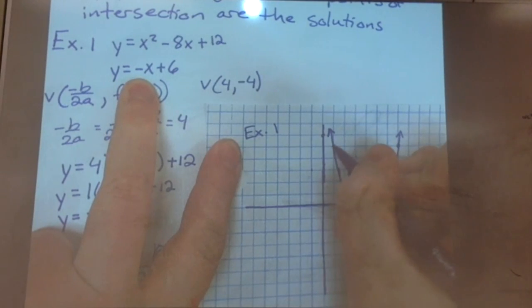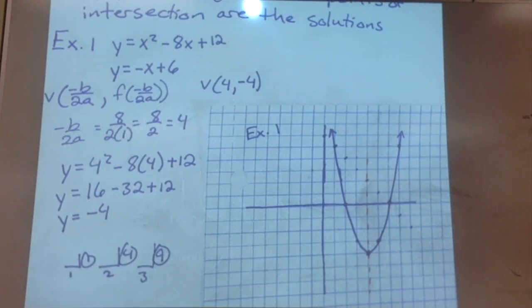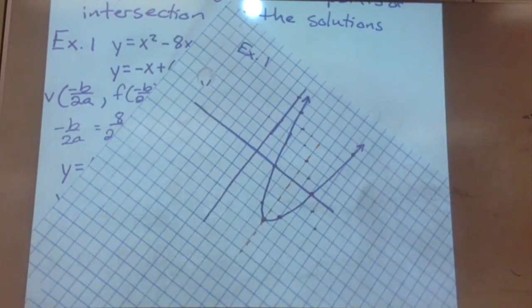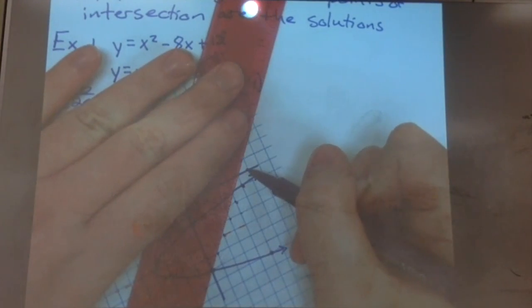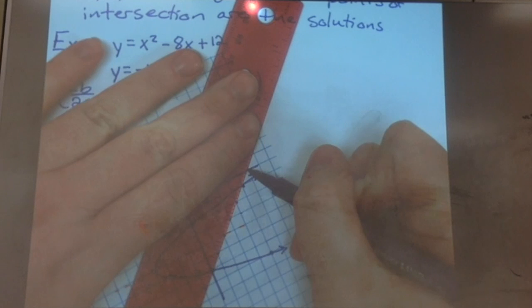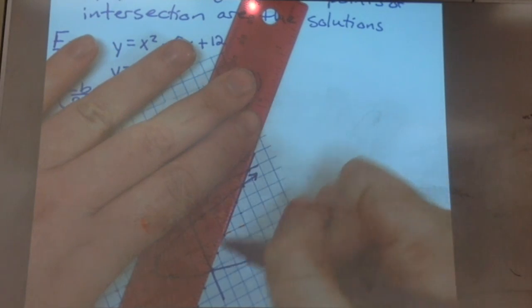So down 1, right 1, down 1, right 1, down 1, right 1, down 1, right 1, and I'm going to keep following that pattern as far as I can. Then I'm going to use a straight edge and draw that line. Let's see if I can get it perfectly lined up. Okay, so draw that line.